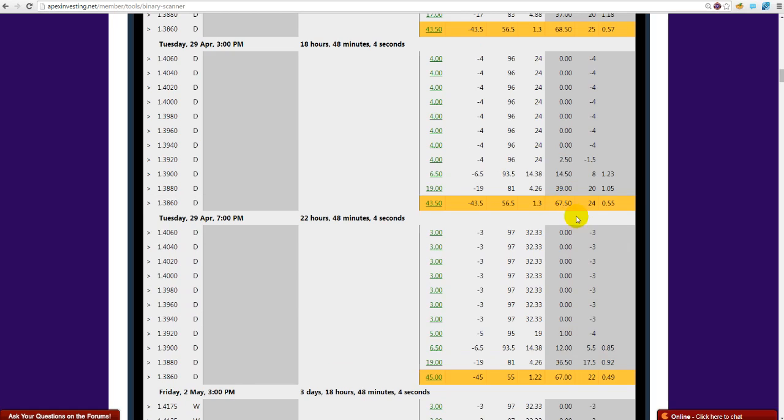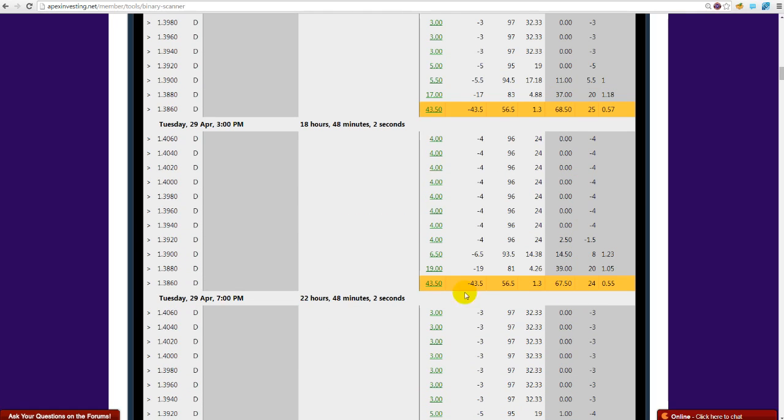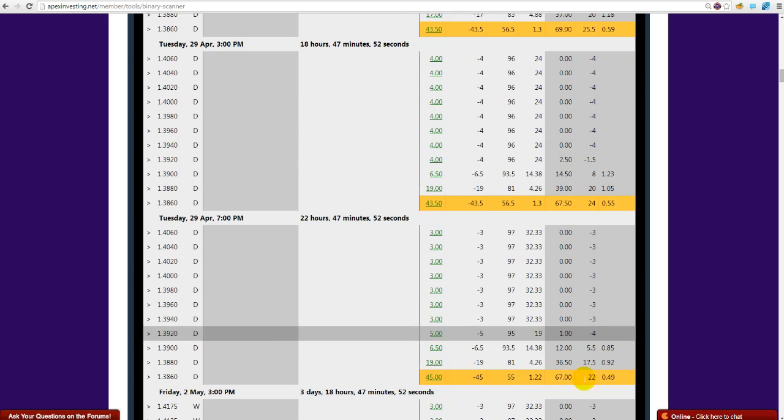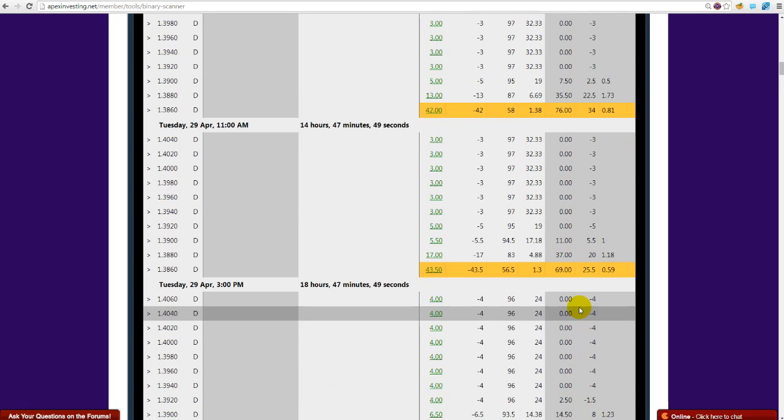And look at this one right here. Same price, basically the same profit, give or take $1. We're talking $22, $24, $25.